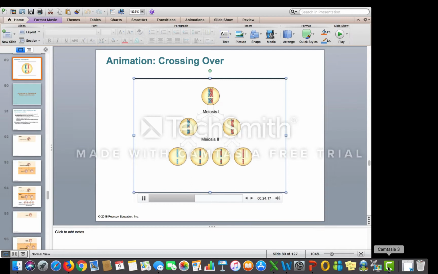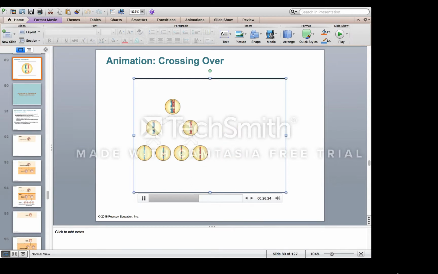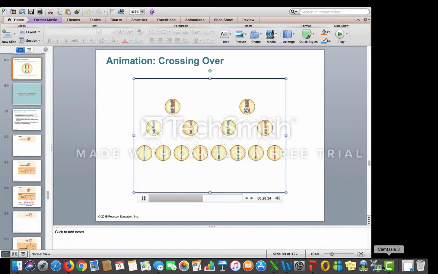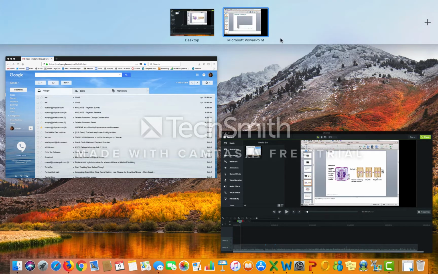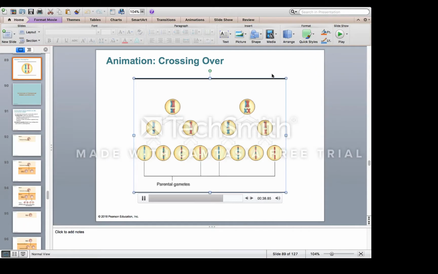There are many ways crossing over can occur. In humans, crossover events happen an average of two or three times per chromosome pair, greatly increasing the variation among eggs and sperm. Note that crossing over produces some parental gametes with chromosomes like those of the parents, and some recombinant gametes with a mixture of genes from both sets of chromosomes.